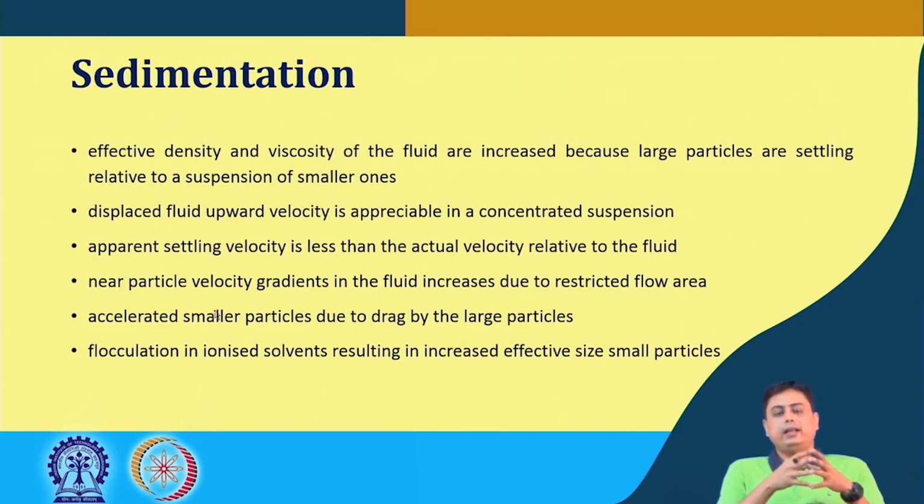On top of that, if flocculation happens in ionized solvents, which typically happens, that results in increased effective size of the smaller particles, and if it increases, the particle Reynolds number increases. So, this altogether changes the dynamics of the settling period or the settling regime.